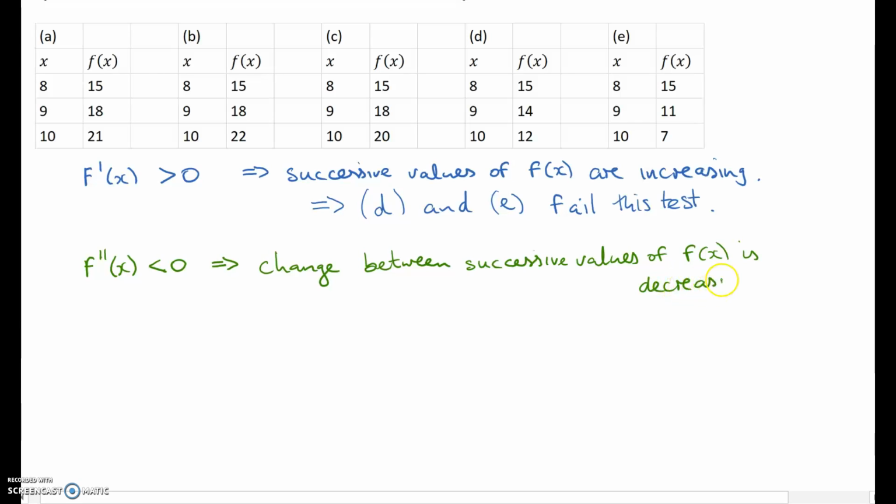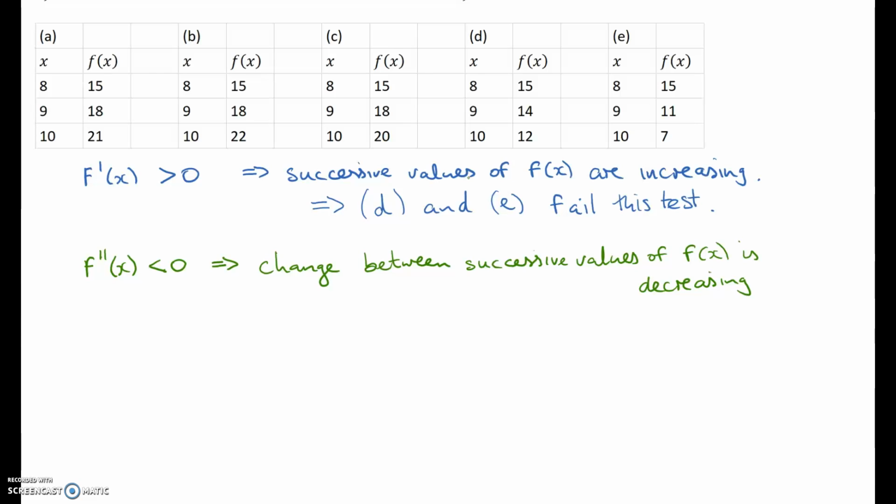Now, not the values themselves, that's the first derivative. When we talk about values themselves and whether they're going up or down, that's indicated by the first derivative. But when we look at the change between successive values, whether that change is increasing or decreasing, that is related to the second derivative.